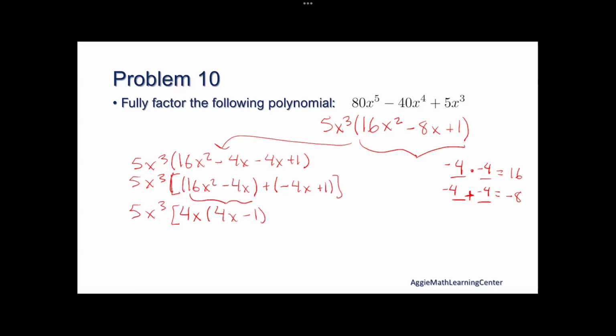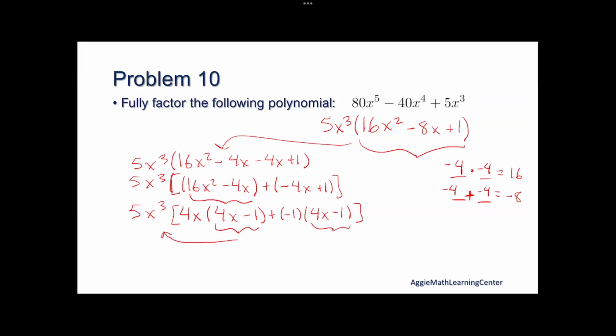Okay. And then the second term, what do we need to pull out of it to make it look like that first term? Exactly, -1. Okay. Now they look the same, these two terms do.